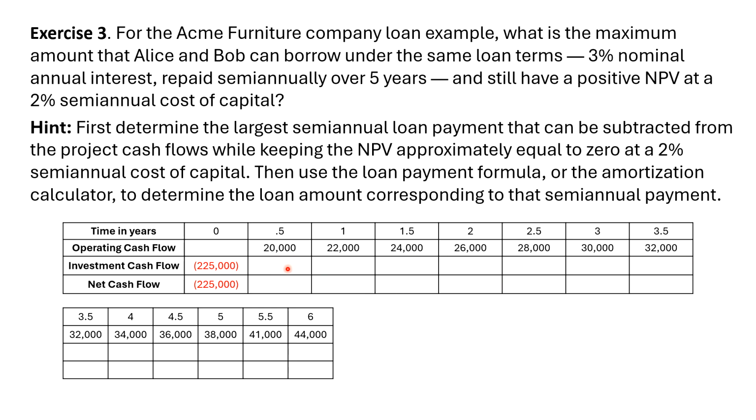Now you can just put in one number here and then have all the other entries make use of that. And then you just keep going higher and lower until you actually get your NPV coming out at 0.